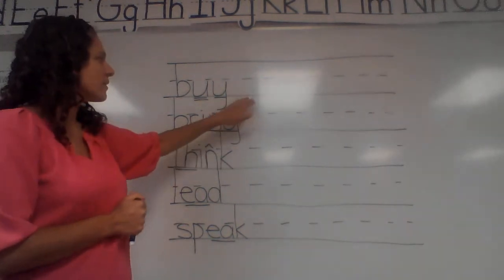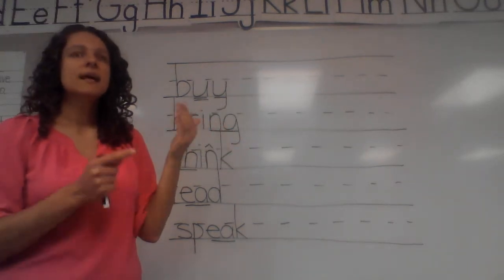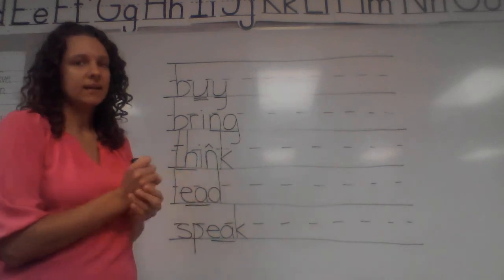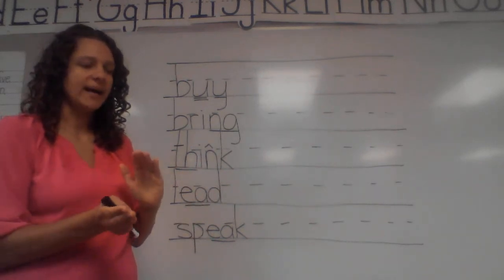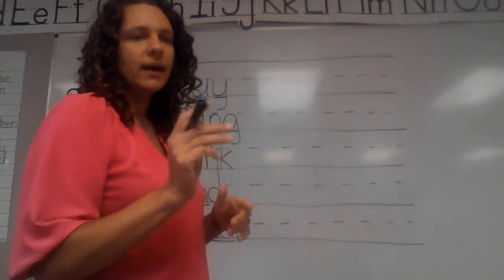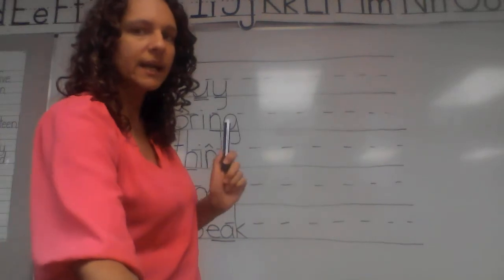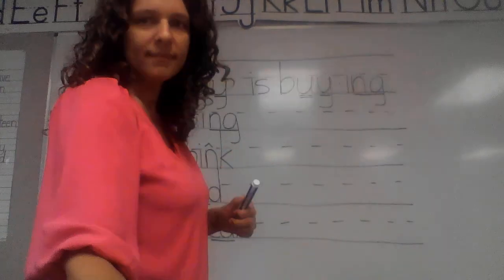All right, so for buy, the present participle is is buying. Okay. So go ahead and write that and mark it, and then you can check and see if you did it correct.